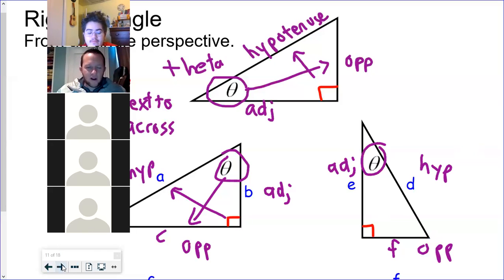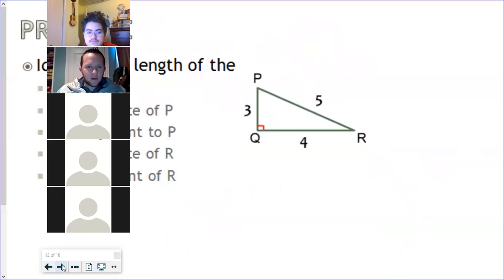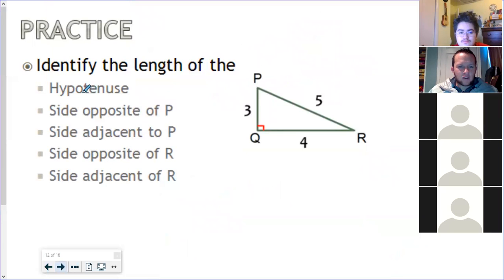It depends on where theta is, okay? Now, let me do this real quick here. It depends on which angle you're looking at. So for example here, if I'm looking from P's perspective, then I would label this as hypotenuse. This would be across, this is opposite.